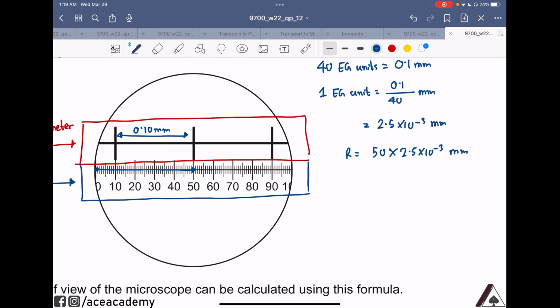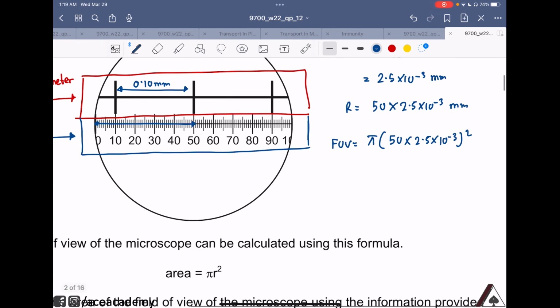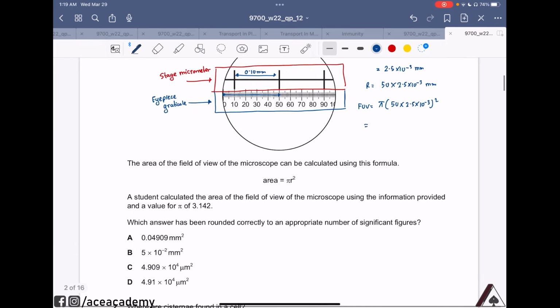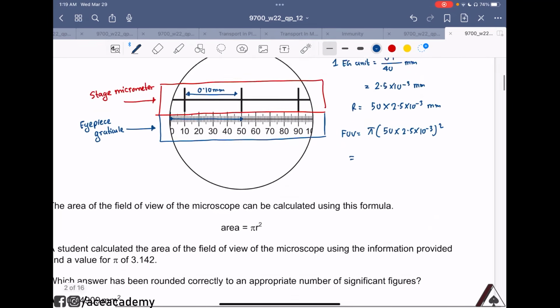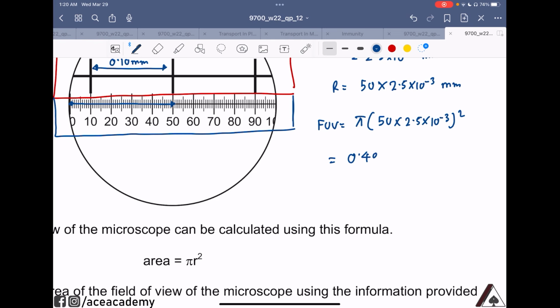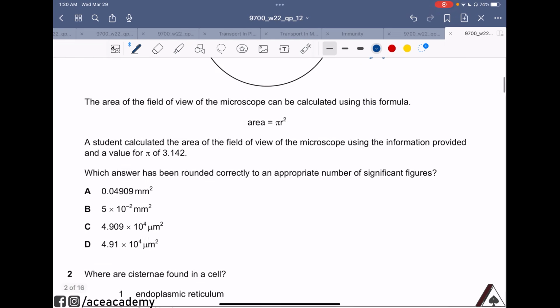And then the area of the field of view will be pi times 50 times 2.5 times 10 to the power minus 3, whole squared, which gives us an answer of 0.04909 mm squared. So this is an option over here, but there is also another thing that is working here.